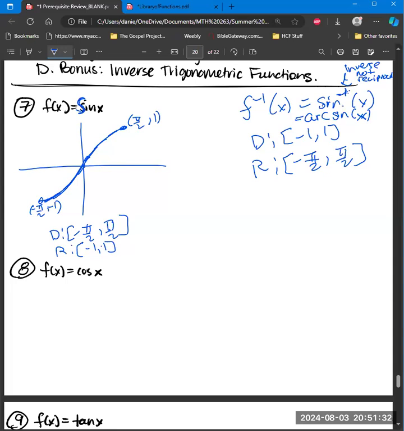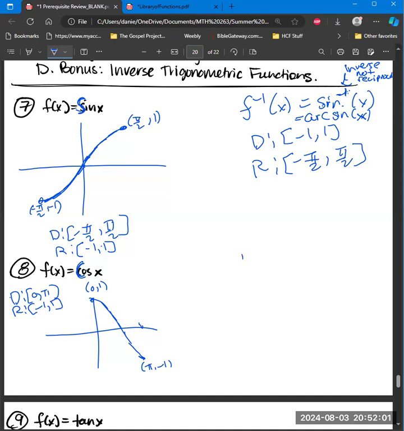For cosine, we're going to restrict it to this portion of the graph right here that goes between 0, 1 and pi, negative 1. So our domain of capital C cosine is from 0 to pi, and our range is negative 1 to 1.